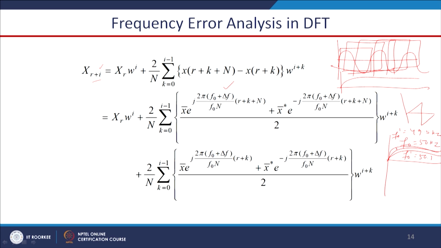That means the difference between these two magnitudes is basically the error. If my frequency deviates from 50 hertz to another value, that deviation is the error, maybe in the magnitude part and also in the angle part.